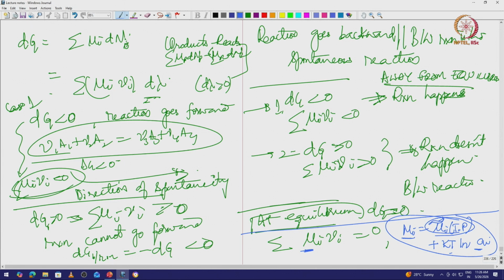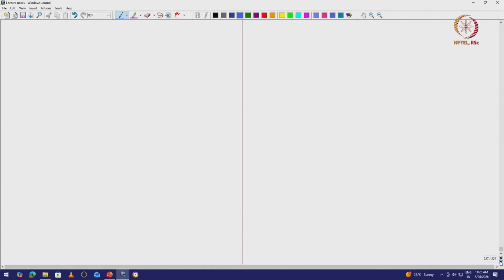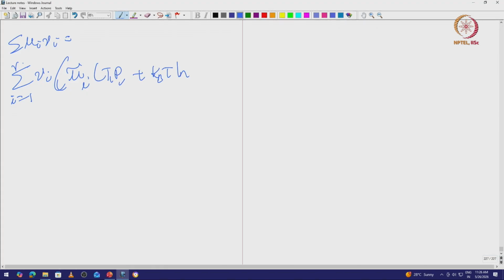Okay. So, this is how I can write mu I, and then once I do that, the sum of nu I mu I now becomes sigma nu I, sigma meaning over all products and reactants, right. So, I can have I equal to 1 to however many products plus reactants there are, right. So, this is mu I tilde, which is the pure mu I at T and P, plus kBT ln AI, right.